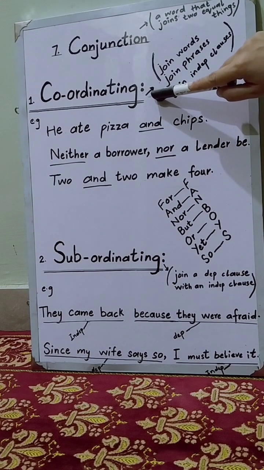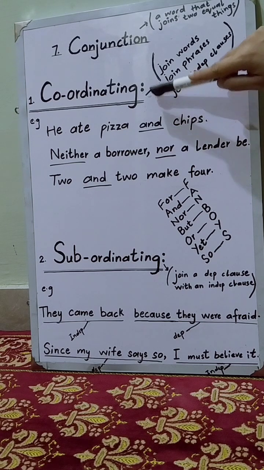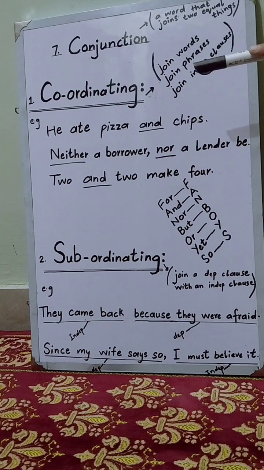The conjunction joining together two statements or clauses of equal rank or importance is called a coordinating conjunction. So these two statements should be of equal rank or importance. Coordinating conjunctions join words, phrases, and independent clauses.